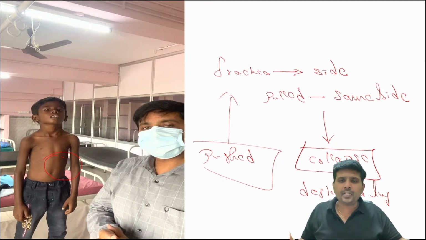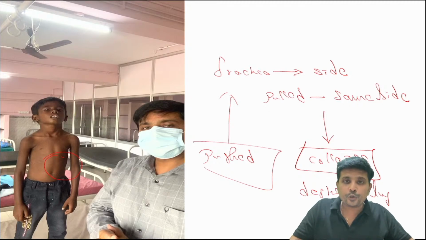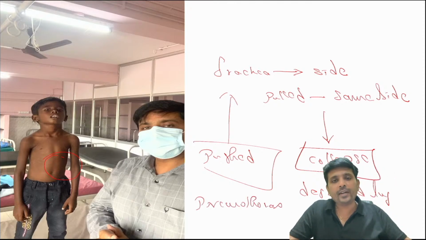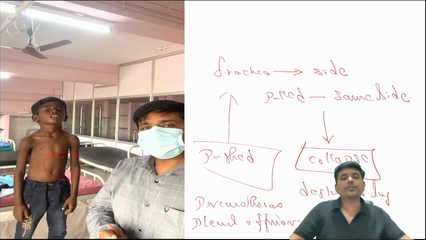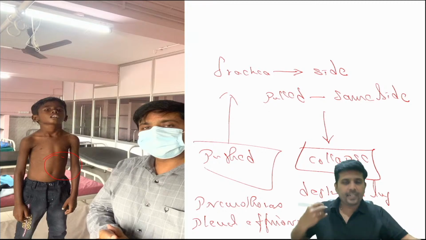Either it can be due to air in the pleural cavity, pneumothorax, or fluid in the pleural cavity, pleural effusion. So opposite side pneumothorax or opposite side pleural effusion can cause the trachea to deviate to this side.